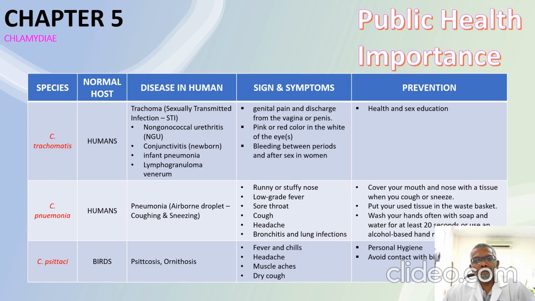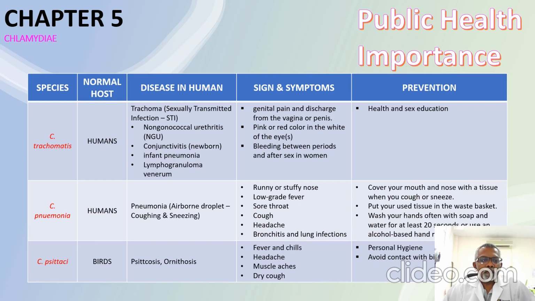The signs and symptoms basically are genital pain, reddening of the eye, especially the white of the eye, and also increased bleeding between periods. Okay, to prevent these infections from Chlamydia trachomatis, we use the health and sex education approach to bring down the cases as well as to prevent recurrence of these infections.